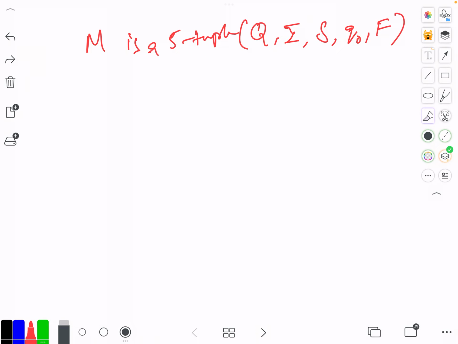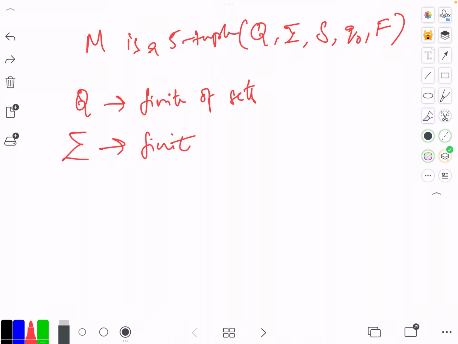So what happens over here, Q is nothing but a finite set of states. And sigma is nothing but a finite set of alphabet symbols.